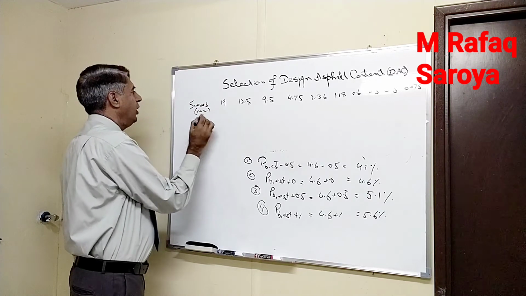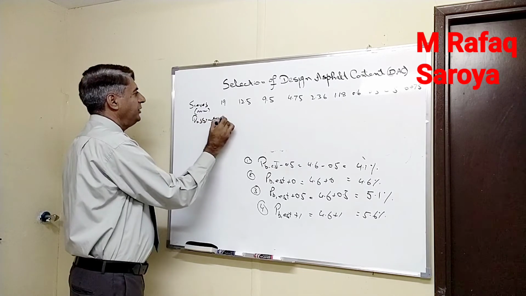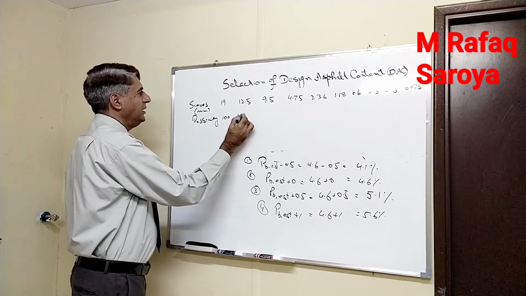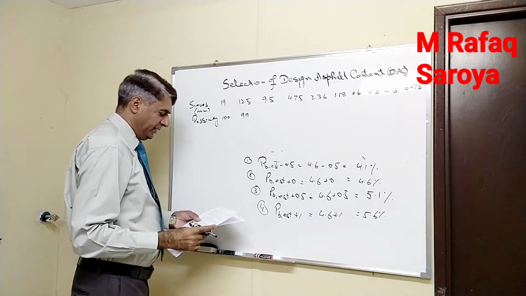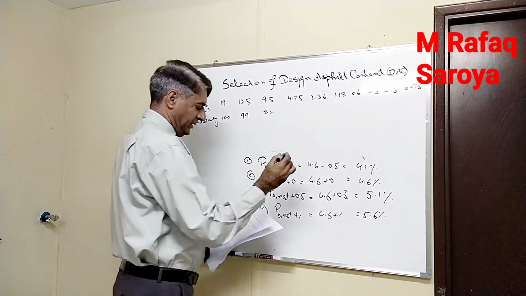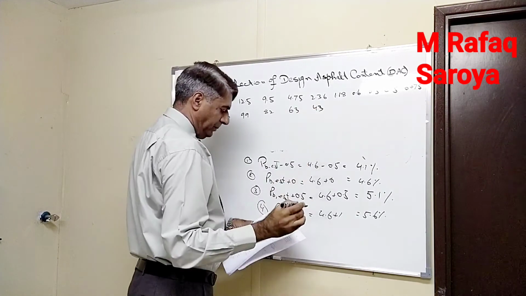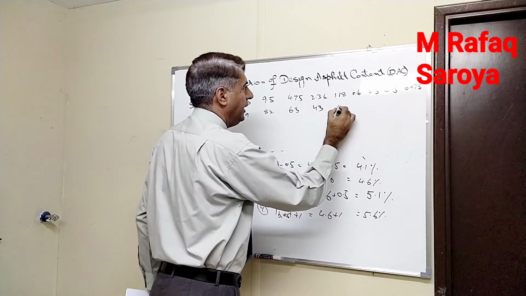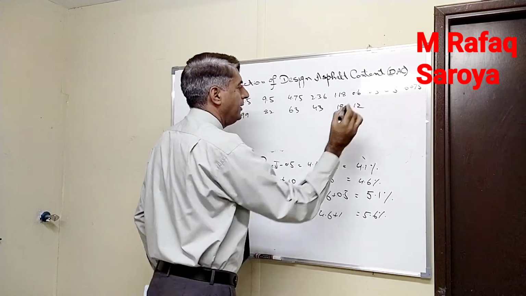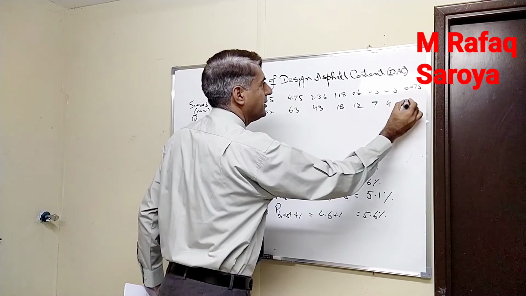And how much is the passing material? It is 100%, 99%, 82%, 63%, 43%, 18, 12, 7, 4 and 3.5.